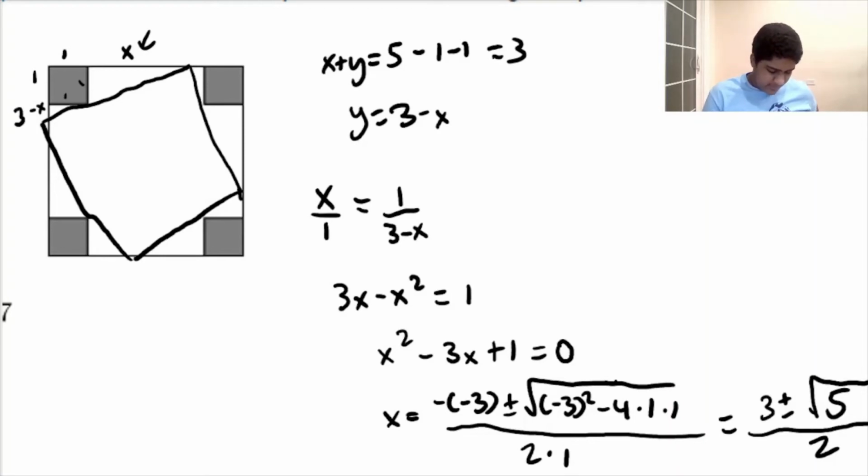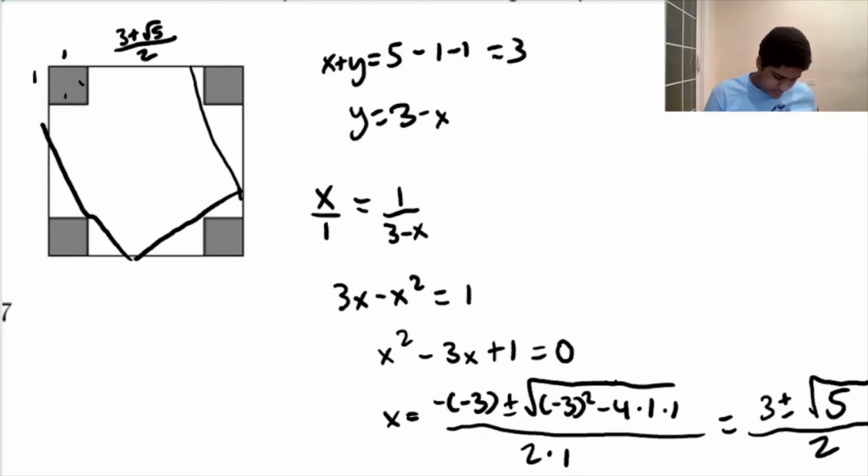So in this diagram, we have that x is the larger one, so let's just let x equal 3 plus root 5 over 2. So we have that this is 3 plus root 5 over 2, which means that 3 minus x is going to be 3 minus root 5 over 2.